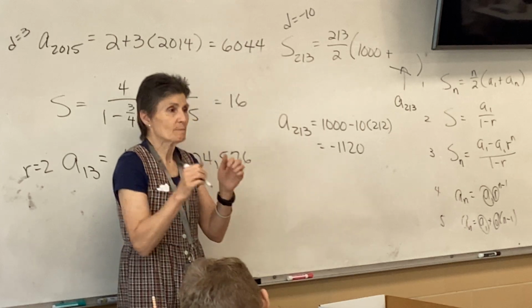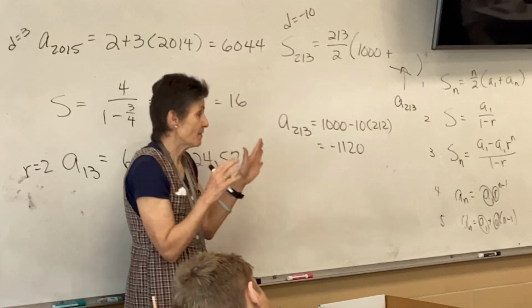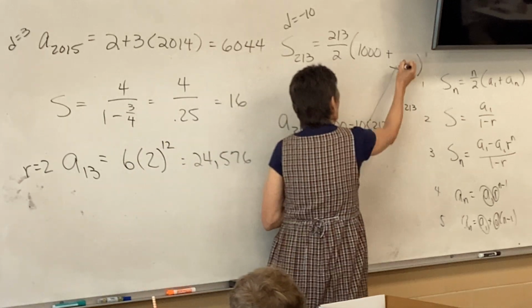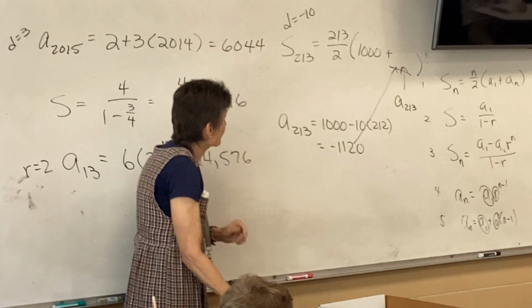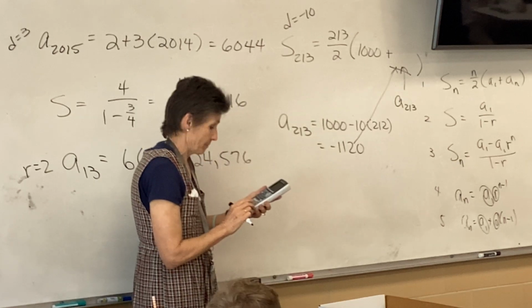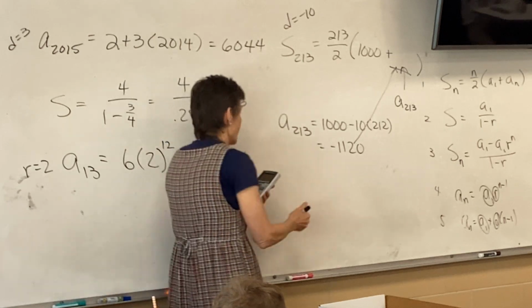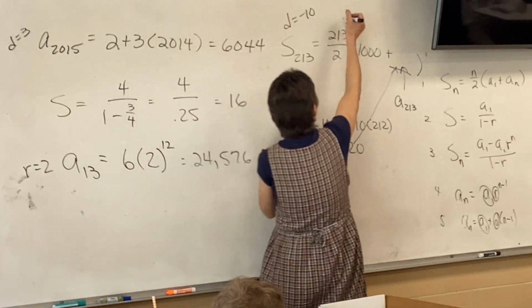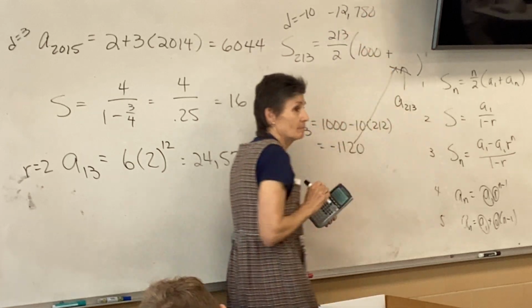And this is where sometimes we have issues, because sometimes we put that down as the answer. That's not the answer. That goes in here, and that will be the answer. So I got for my final answer negative 12,780.